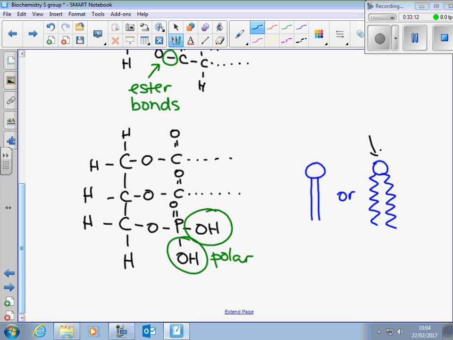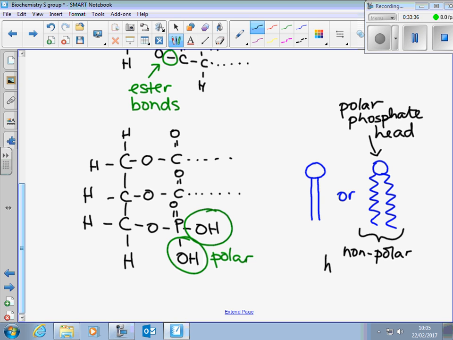So, yeah, that is your polar hydrophilic, if you like, but we can't put it all in. Polar phosphate head that will interact nicely with water, and then your hydrophobic bit, the non-polar. We often say lipid tails at that point because we haven't done hydrocarbons.